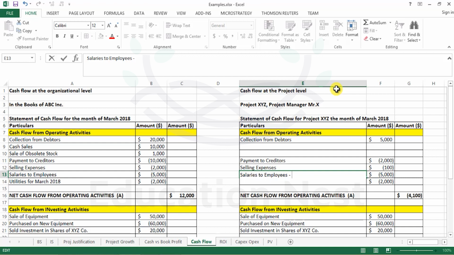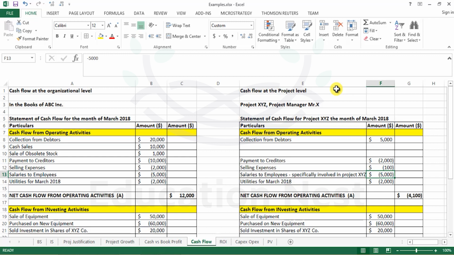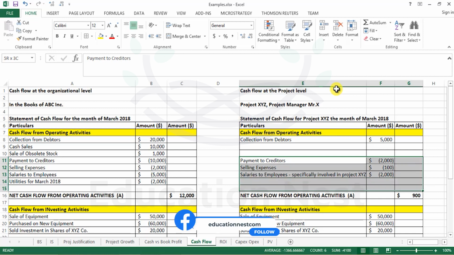We'll put into account only those salaries which are paid to employees who are specifically hired for project XYZ or are specifically involved in project XYZ. Okay, so that's gonna be something around, say, $2,000 additionally for the month of March. Utilities, no, they're going to be common throughout the organization. So that gives us a net cash flow of $900 for project XYZ's operating activities.